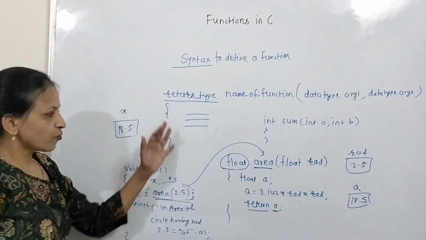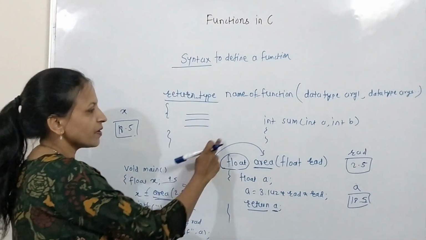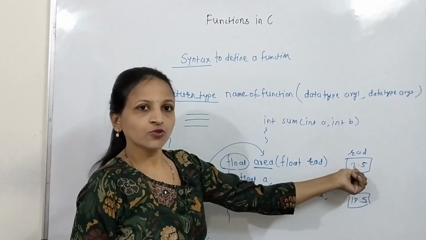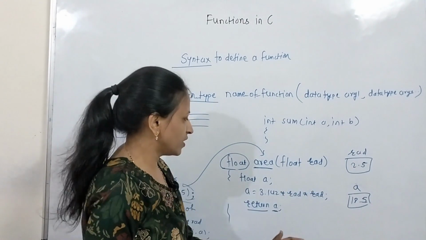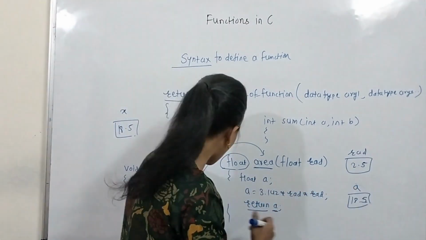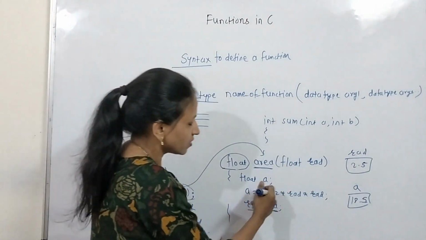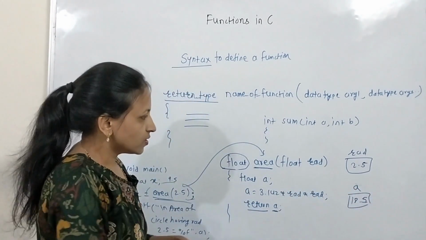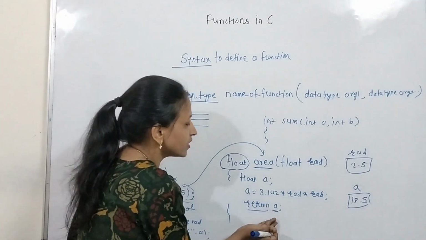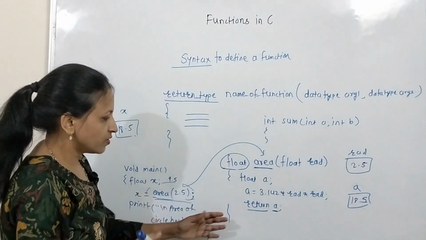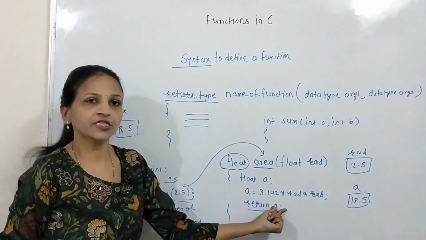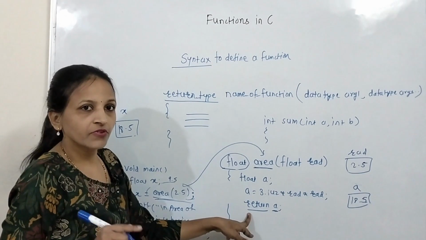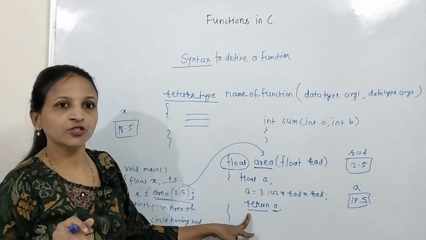Now see, one more point to keep in mind. Whenever control passes here, that rad will get created and that 2.5 will get copied here in that rad variable. Again a variable will be created and the calculated value will get stored inside this a. And after that, whenever we are returning a value from that function outside, whatever value of it will get returned from that function. Whenever this return occurs, that function execution will get stopped.